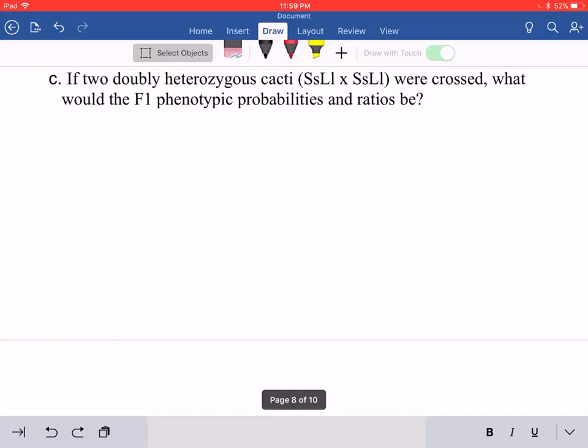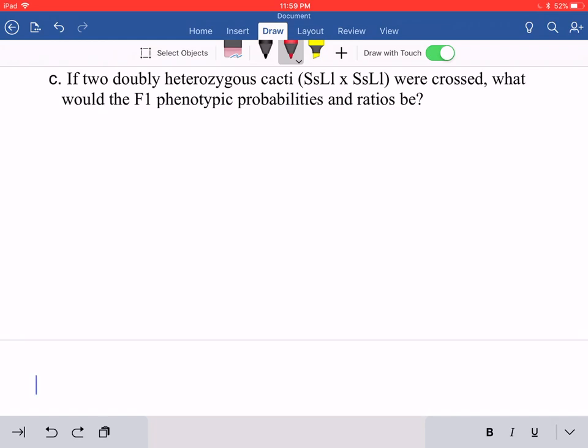So, if two doubly heterozygous cacti, you can see the genotypes there, were crossed, what would the F1 phenotypic probabilities and ratios be? Let's take a look at the Punnett squares. We can do two separate ratios here to take a look at what would be the probabilities.